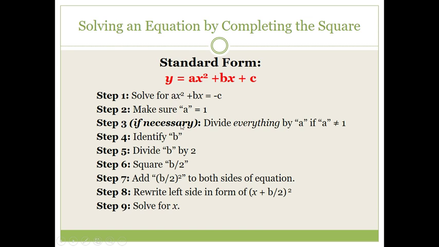If it's not 1, like if we have a 2x squared, then we divide every term by whatever the a is. Next, we figure out what our b term is, our middle term. We divide by 2, cut it in half, square it, and add that to both sides of the equation. That's how we rewrite the left side as a perfect square, as you saw, and then we can solve directly for x.